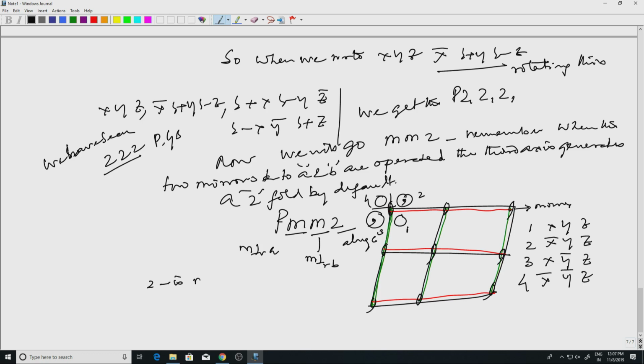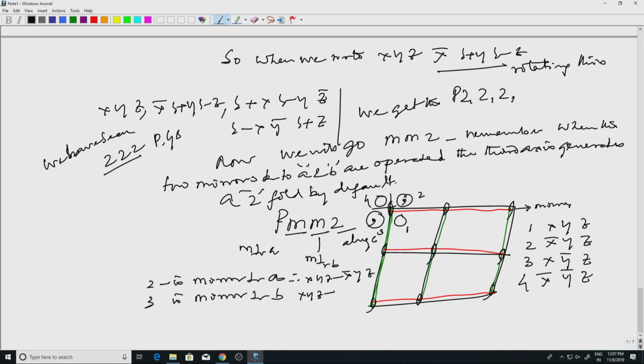Two is mirror perpendicular to A. 3 is mirror perpendicular to B. Therefore, XYZ becomes X bar YZ.